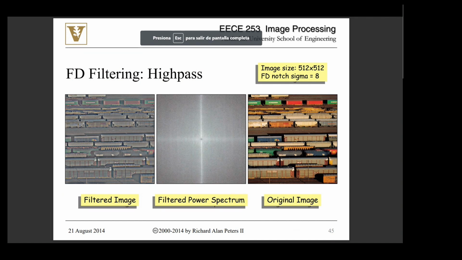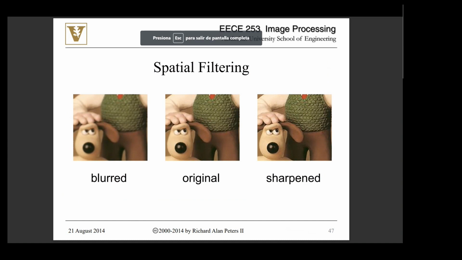And you can do low-pass filters and high-pass filters. We will learn that high-pass filters are useful to detect the small details. So we can also combine high-pass filters with original images to produce something that is more sharpened.